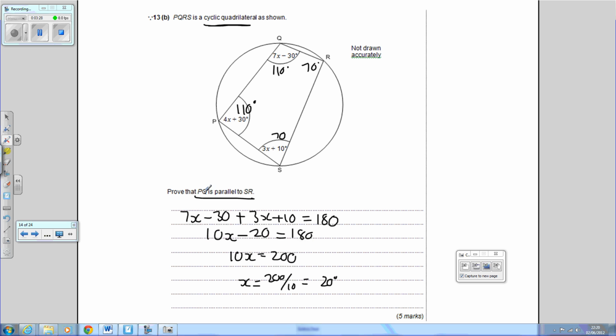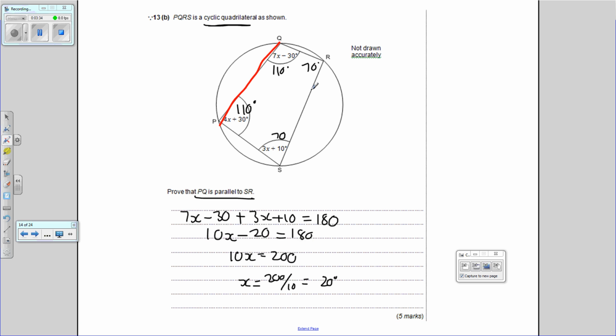The question says, prove that PQ is parallel to SR. So this is PQ, and this is SR. So we have to prove that those two are parallel. Now, if you remember, properties of angles in parallel lines, this is just one thing you could do. If these two are parallel, then this angle here has to be equal to this angle here.